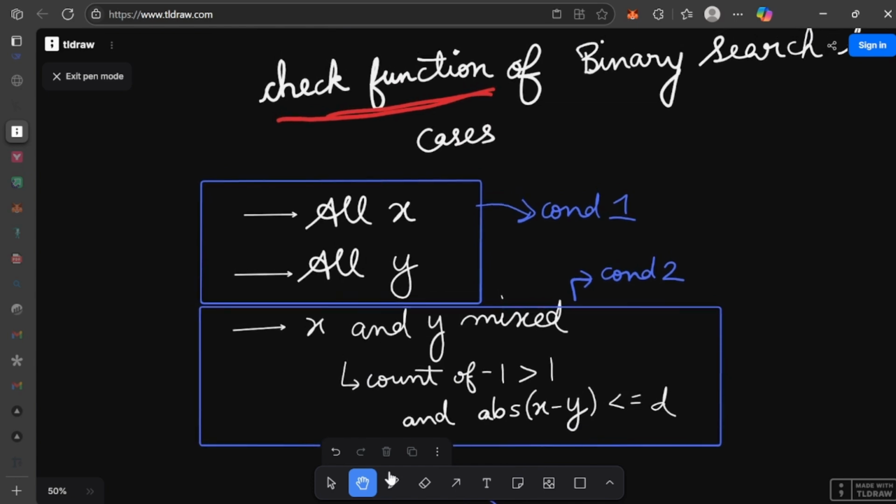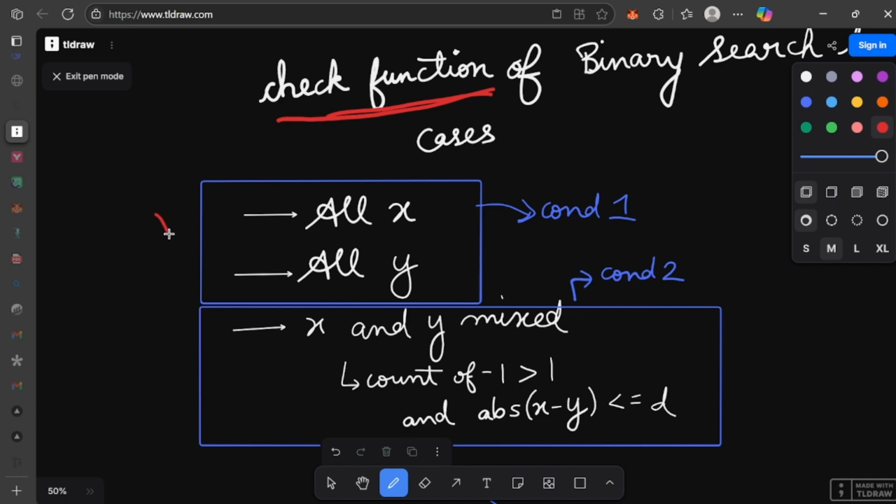So I'm summarizing all the cases here. Suppose we substitute all the negative ones with all x, or all the negative ones with all y, wherever they may be present. It doesn't matter. Condition 1.